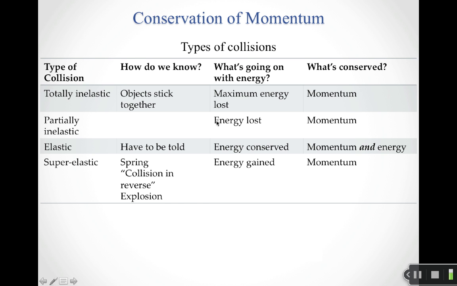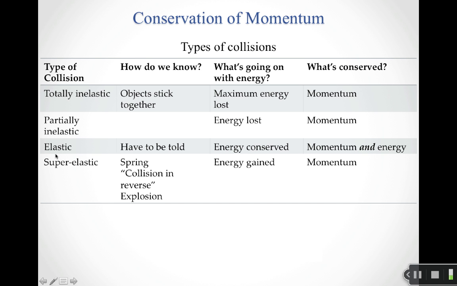A partially inelastic collision is basically one where you still lose energy, but now your objects don't stick together. In the previous slide, the objects bounced off each other but didn't have as much energy at the end as they did at the beginning. That's a partially inelastic collision. You're losing energy, but momentum is still conserved.